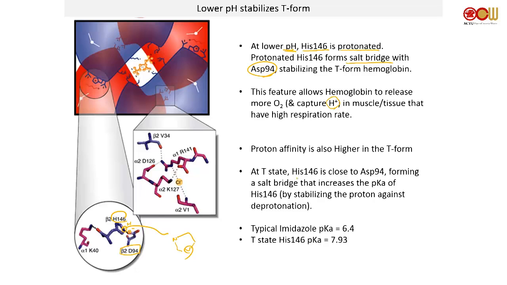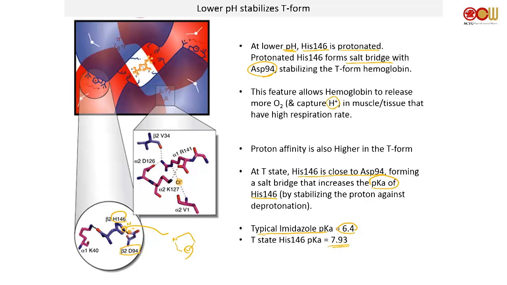At the T state, your histidine 146 is close to the aspartate 94 and forming a salt bridge that increases the pKa of your histidine 146 by stabilizing the proton against deprotonation. What that means is, remember we said typical histidine imidazole is around 6 or something, but if you go to the T state, the pKa will actually become 7.9.